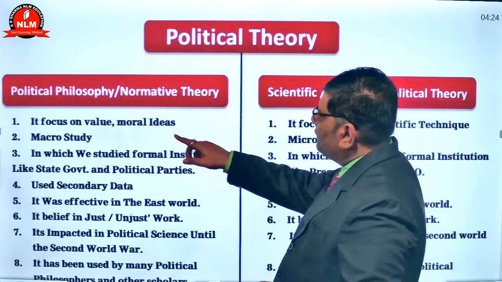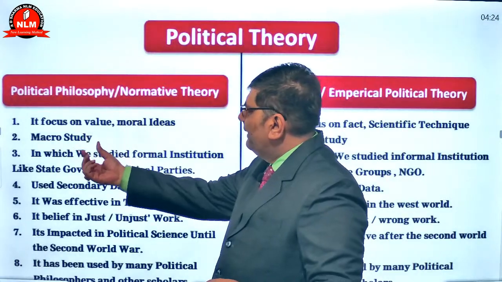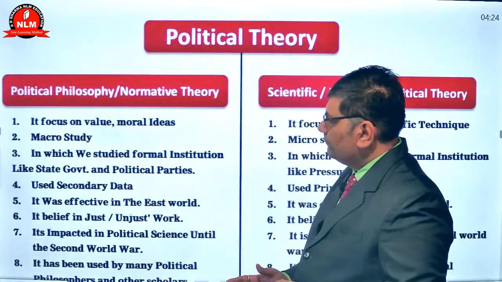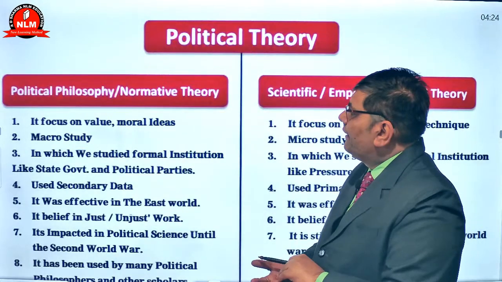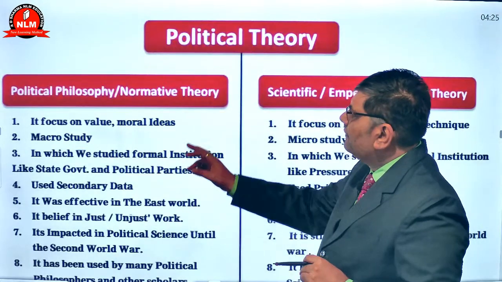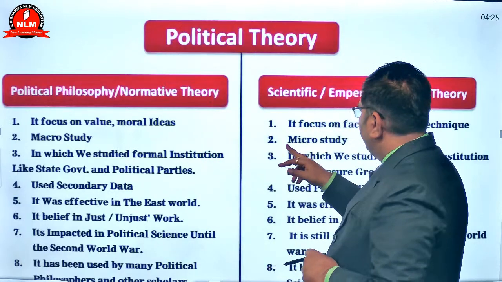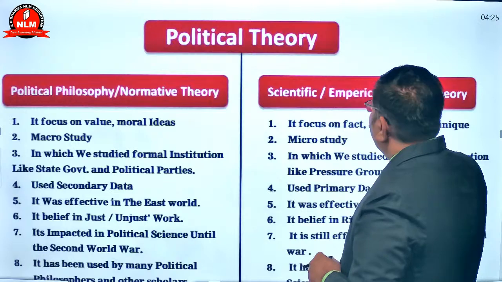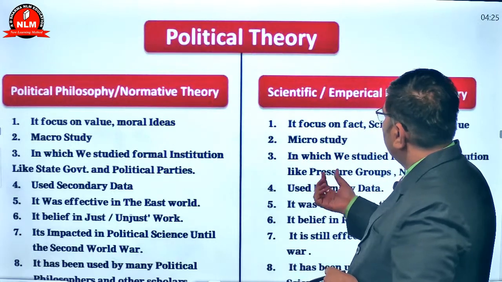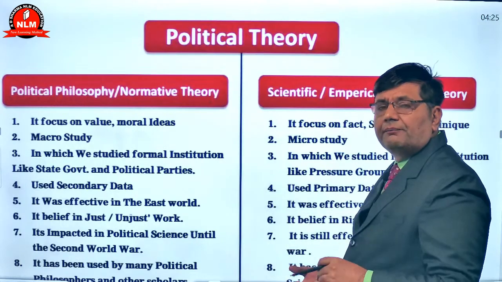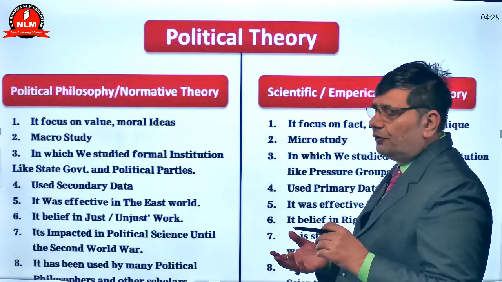Second, political philosophy uses macro study; its main study centers are the state and government. Empirical political theory uses micro study areas like the person, voting behavior, caste and group.